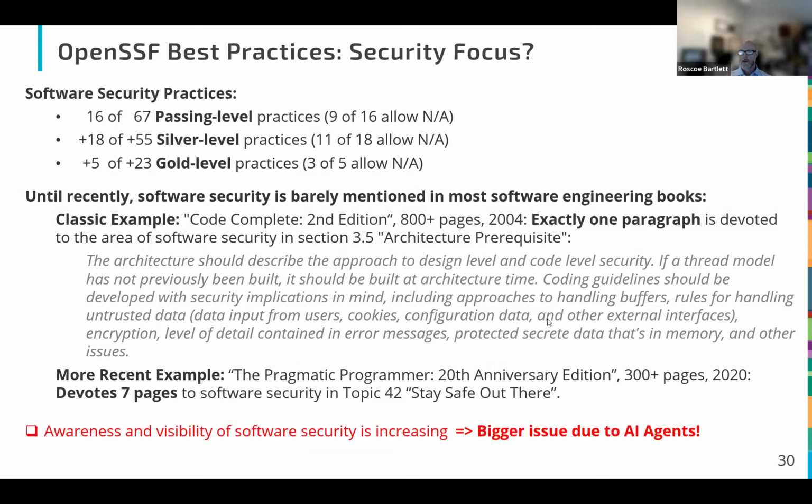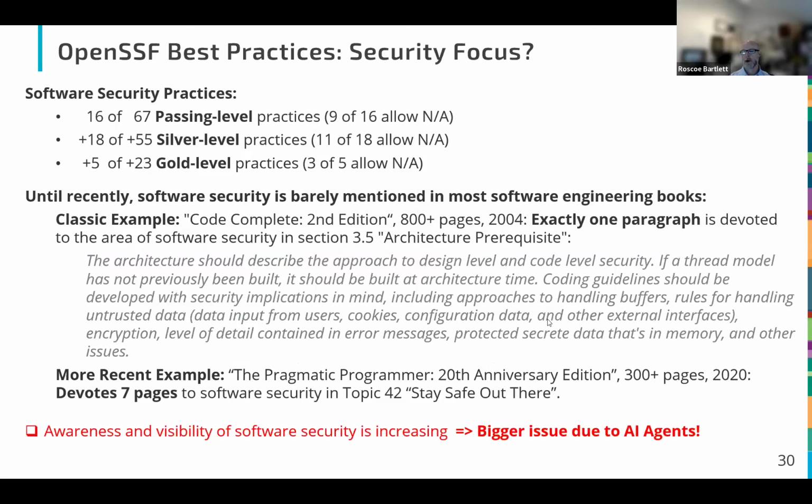Okay, let's talk about the security focus of these practices here. Again, 16 of the 67 passing level practices are related to security. 9 of those can be marked not applicable, and similar subsets for the silver and gold level. Until recently, software security, I don't know what you define recently, I mean, I've been around a while, but classic books on software engineering had almost no mention of software security.